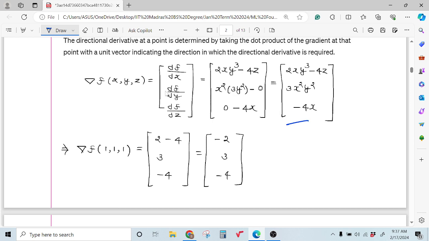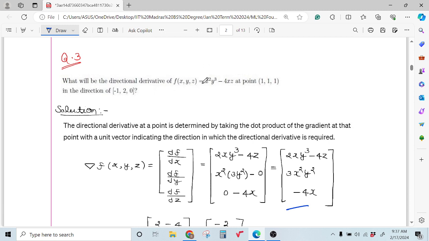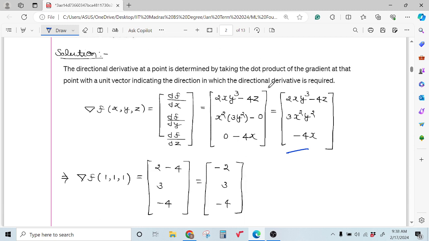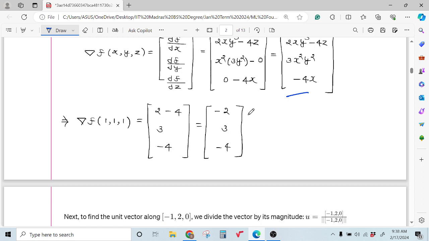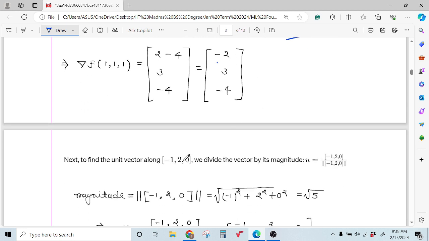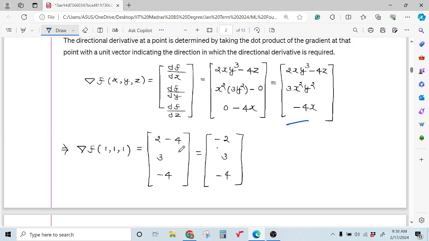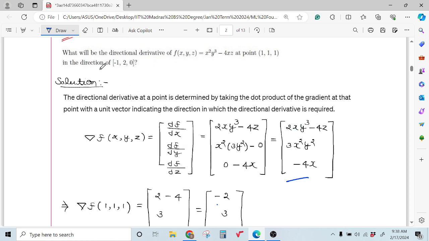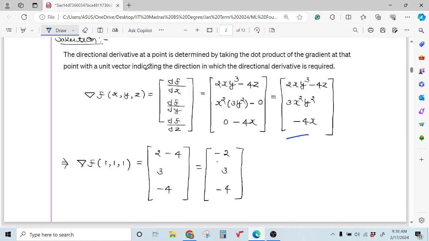Then we will calculate this gradient at point (1, 1, 1), because we have to find the directional derivative at point (1, 1, 1). So this is our result: (-2, 3, -4). Next we have to find the unit vector along (-1, 2, 0), because the direction is given as (-1, 2, 0).